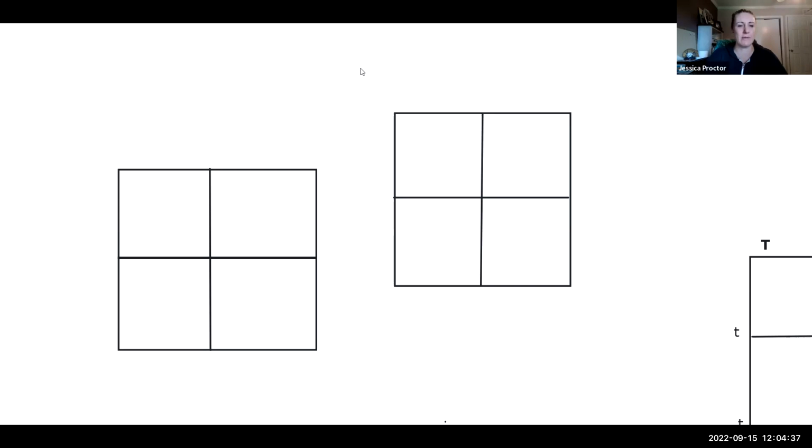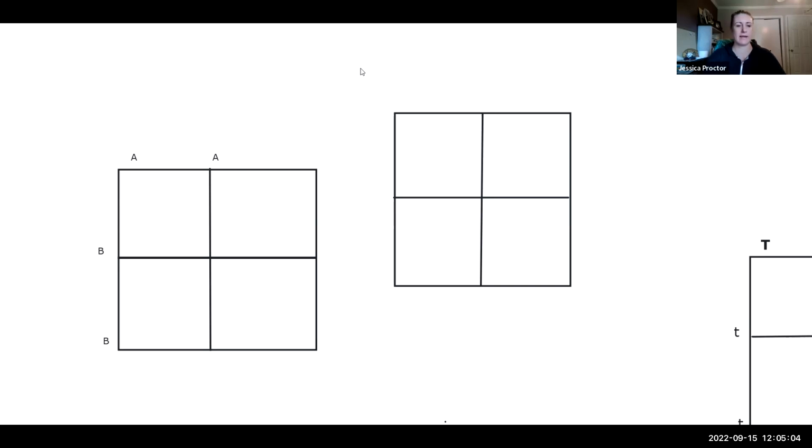Of course, if one parent has A and one parent has B, it could be an AA crossed with a BB, like this. In the first box, what would we put?